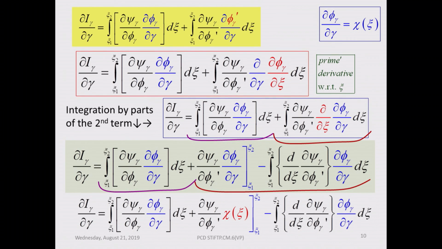So, chi at xi1 and chi at xi2 is completely fixed, and so this middle term, which is the difference of this particular product between the values at xi equal to xi2 and xi equal to xi1, but then chi itself is 0 at both. So, it is 0 minus 0, which is also equal to 0 nicely, right.